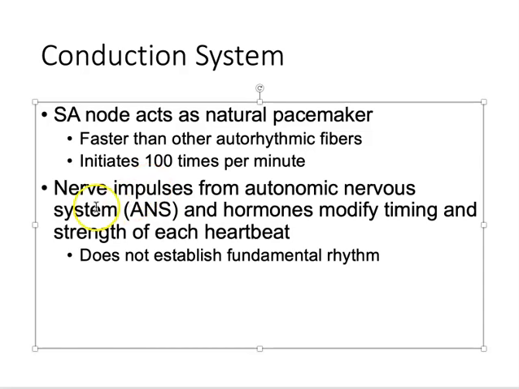Your autonomic nervous system, well, I should say, modifies the timing of your heartbeat. The parasympathetic nervous system comes in. As you're sitting here listening to this video, hopefully you're not particularly stressed out, so your resting heart rate is closer to about 70 beats per minute.